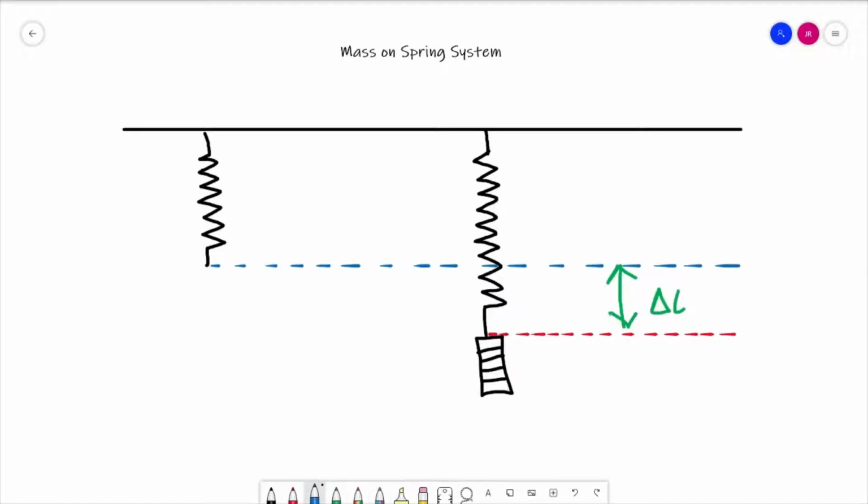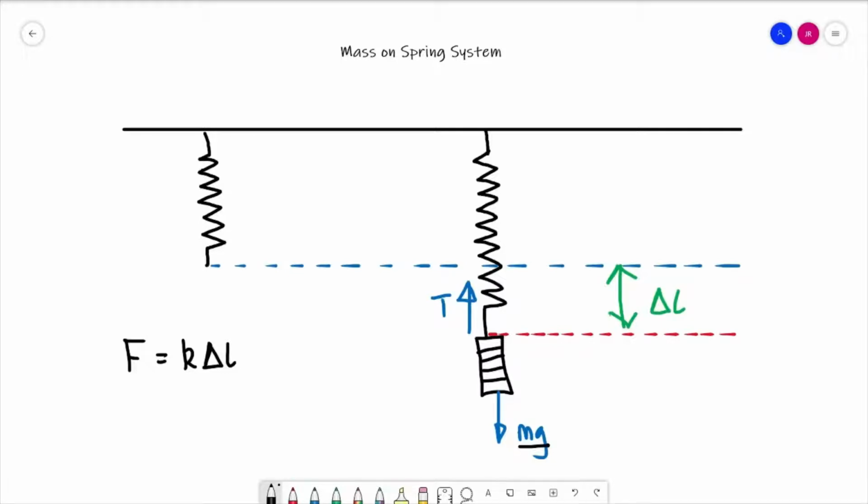Now if we think about the forces that are acting on, we have the weight of the masses acting down and we have the tension in the spring acting back up. And what Hooke's law tells us is that the force that we're putting on, which in this case will be mg, is equal to k, the spring constant, multiplied by delta L, which is the extension.